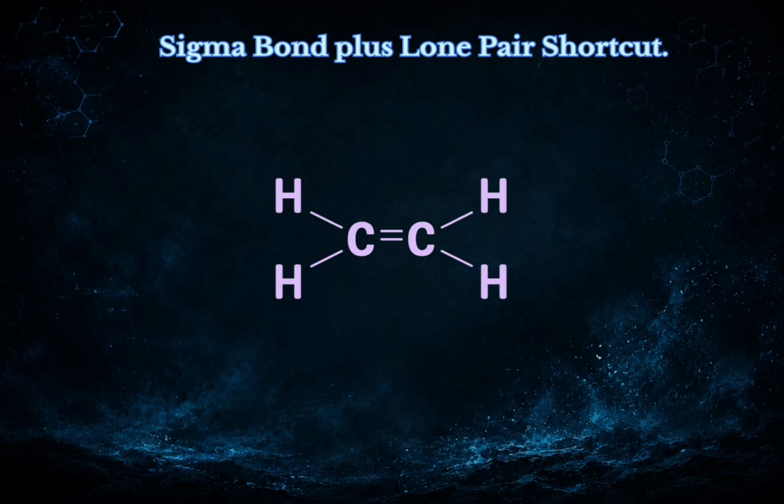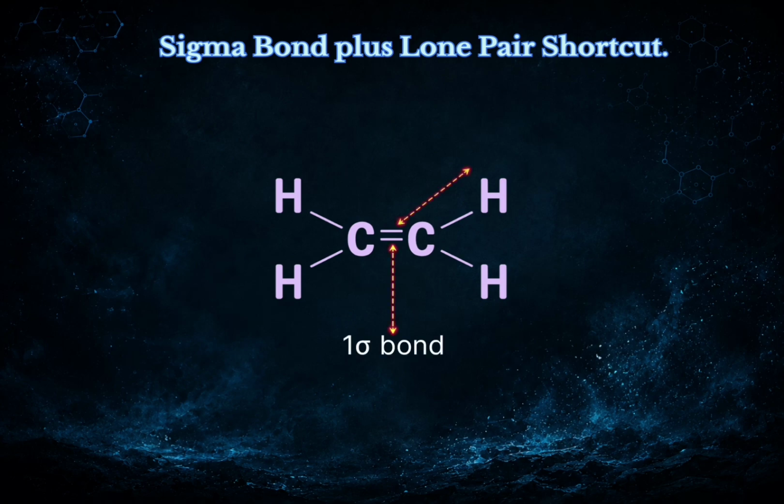Ethene, C2H4. We'll determine the hybridization of one carbon atom. Since both carbon atoms are identical, the answer will be the same for either one. That carbon forms 2 single bonds with hydrogen and 1 double bond with the other carbon. Remember, a double bond still contains only 1 sigma bond.